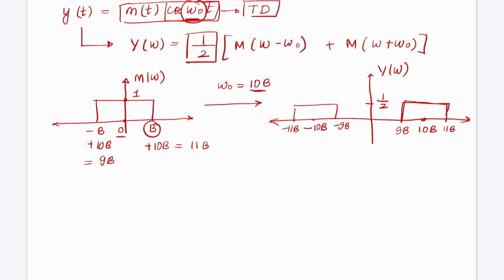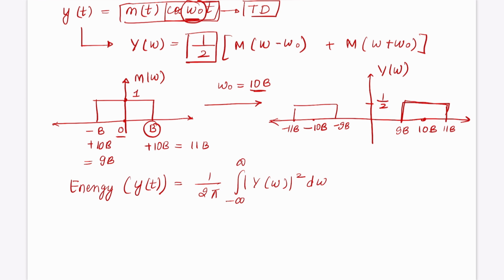Now let's calculate the energy of y(t). 1 by 2 pi integration from minus infinity to infinity of |Y(omega)| whole square d omega. Here the signal is 0 from minus infinity to minus 11B, and it is also 0 in between this range, and after this it is again 0.